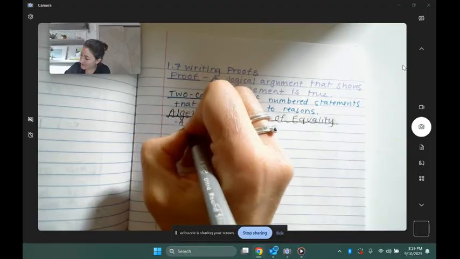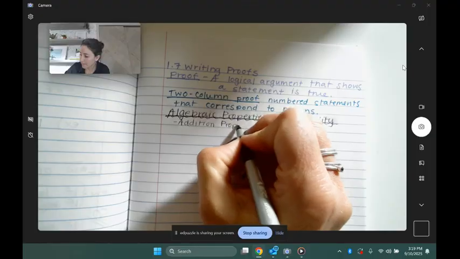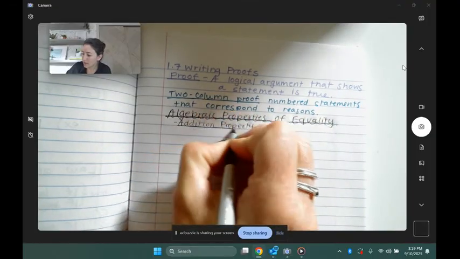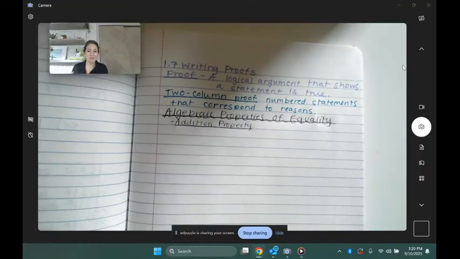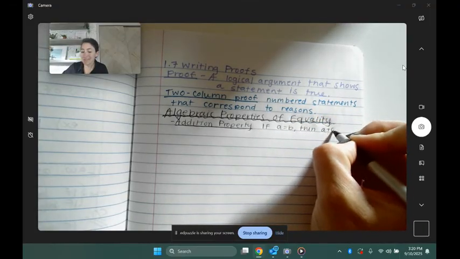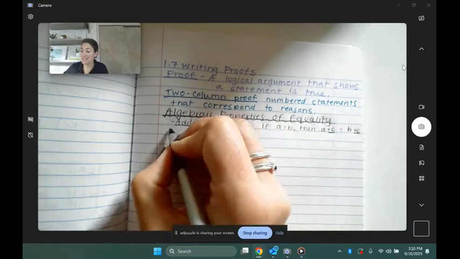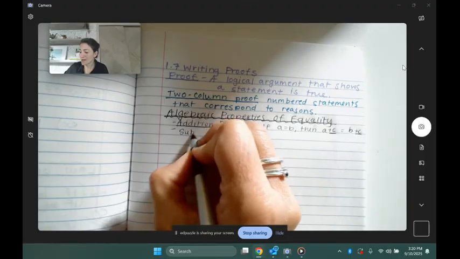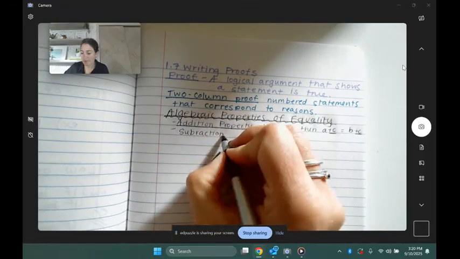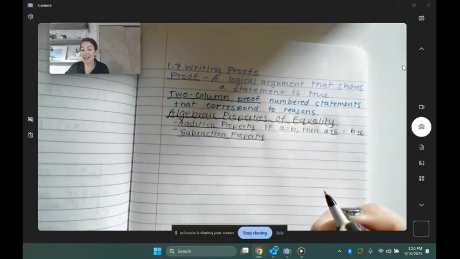First, the addition property of equality. This one just means you can add the same thing to both sides. If A is equal to B, then A plus C equals B plus C. Similarly, the subtraction property is exactly the same.